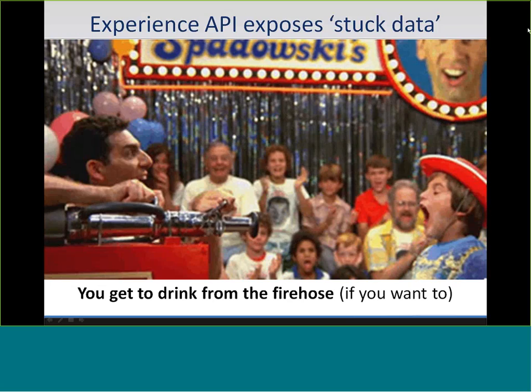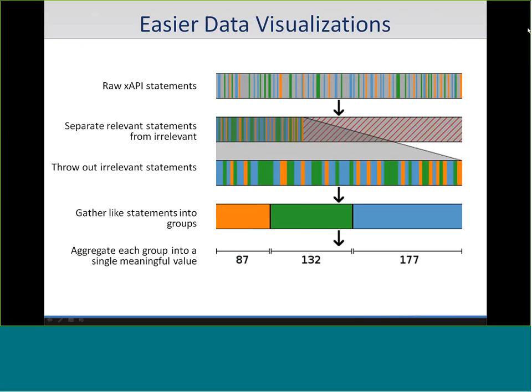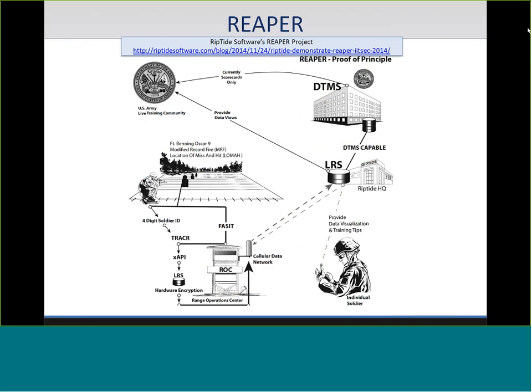I'm going to skip past this. What I want to say is that xAPI allows for easier data visualizations, but we can skip that. I want to show you a couple of examples of what we're talking about. Right here, we're looking at a data flow chart for a project called Reaper.